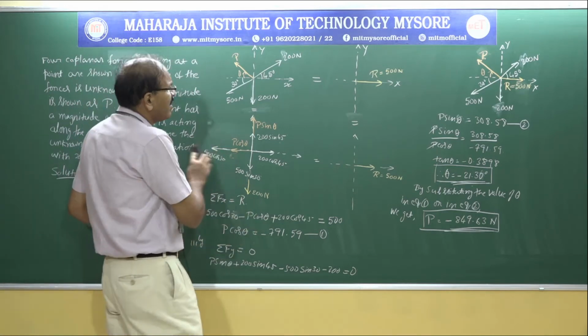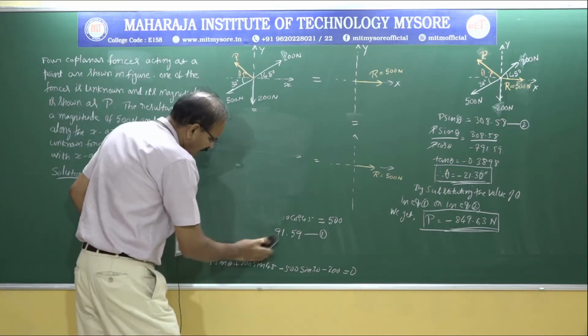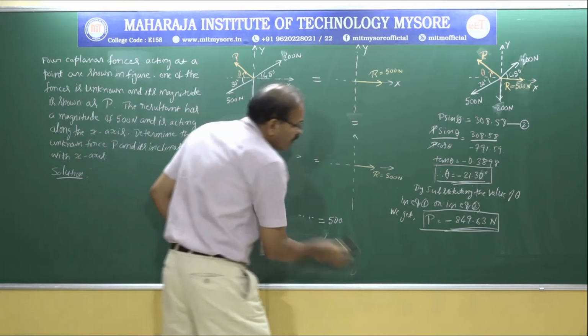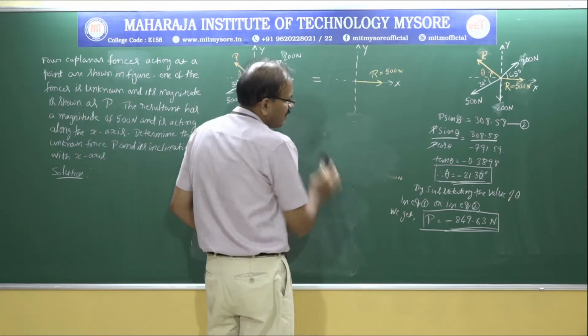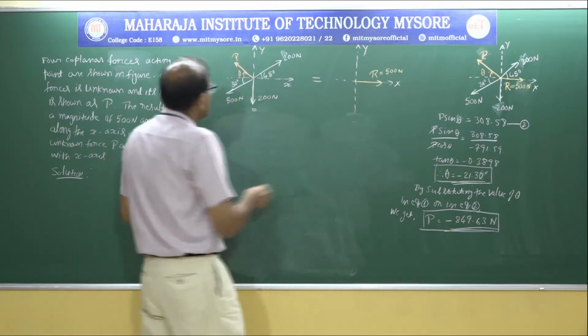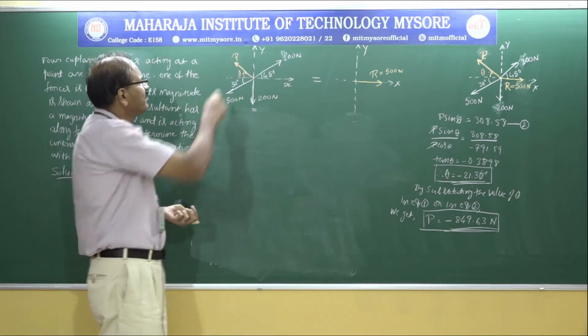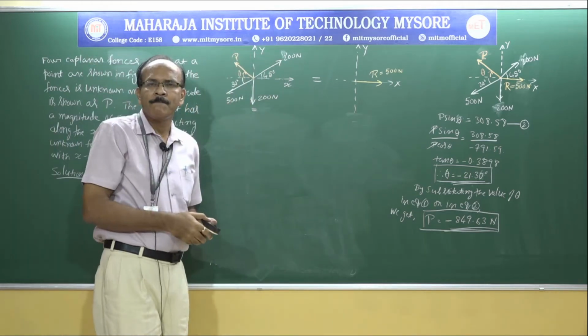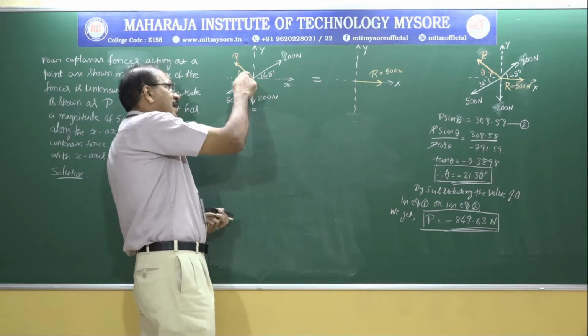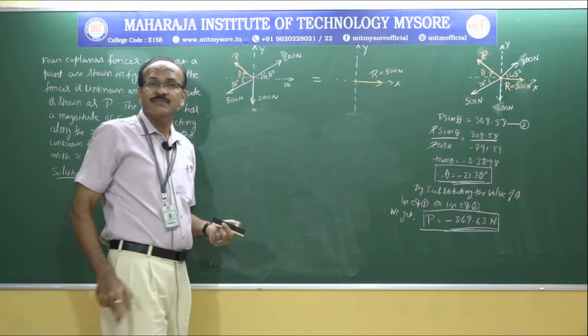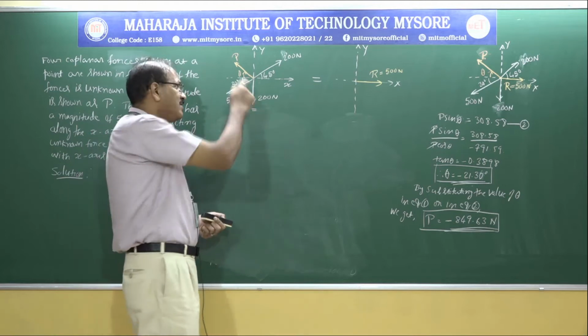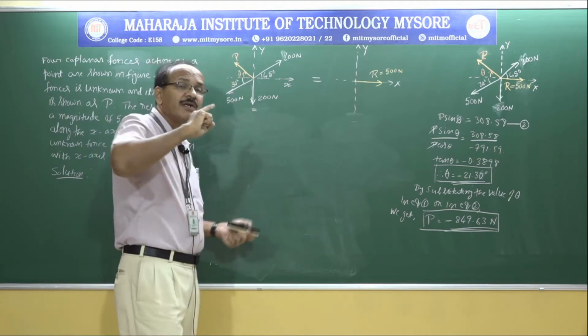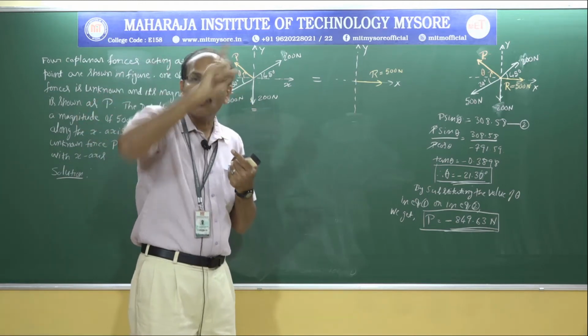So what is the meaning of it? How do you show how the force is acting? If you look here, P is acting away from the center. Next, the angle is measured in the clockwise sense.